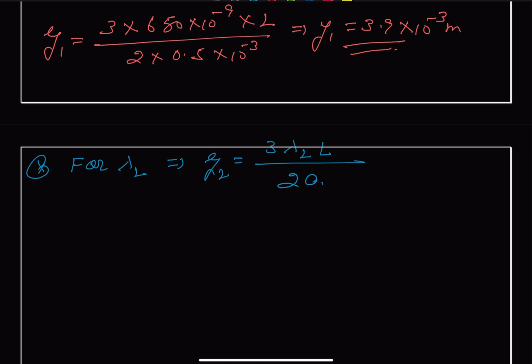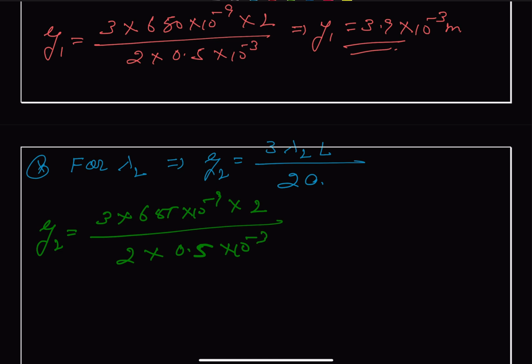We substitute the values, we get y2 will be equal to 3 times 655 into 10 to the power minus 9, length is given as 2, divided by 2 multiplied by a, that is 0.5 into 10 to the power minus 3. This gives us that y2 will be equal to 3.93 into 10 to the power minus 3 meters.